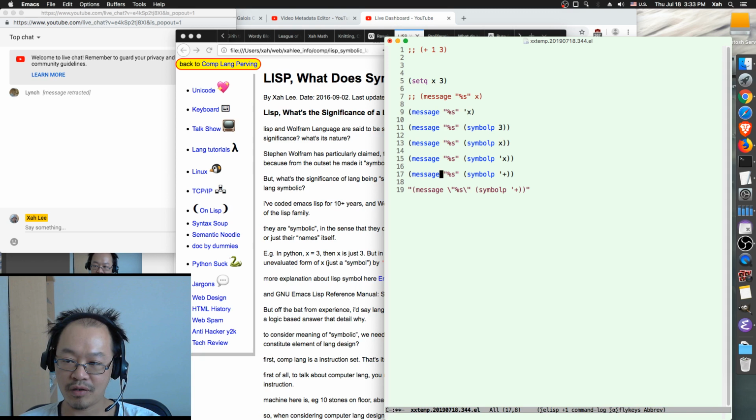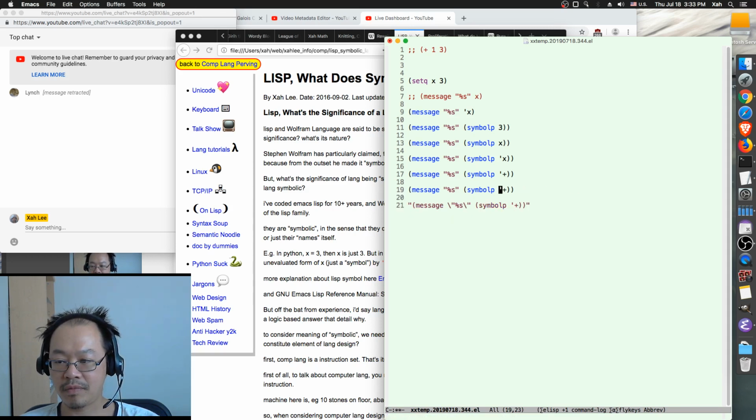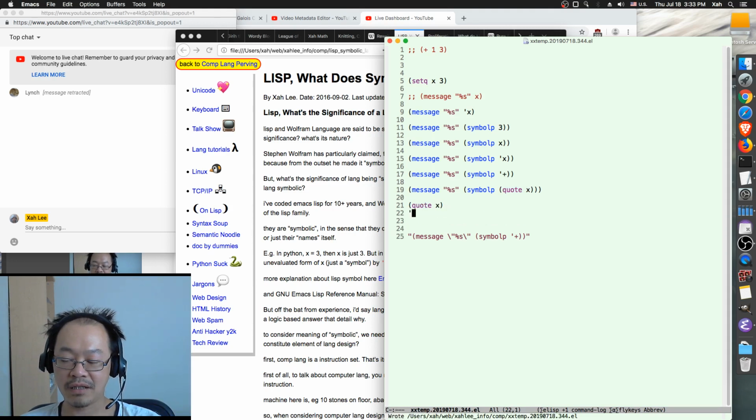In Lisp, it's called quote, like this, okay? Or it can also be written like this. I'm gonna show you. Quote x. So this quote x is exactly the same as that.